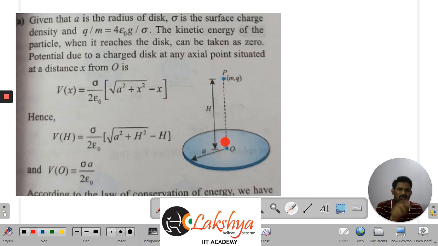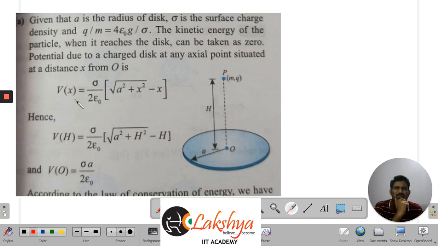It comes to rest because of a repulsive force from the disk. The disk has positive charge and we are releasing a positive charge, so both are like charges, and there is a repulsive force between them. Because of that repulsive force, the particle reaches the center of the disk with zero velocity.